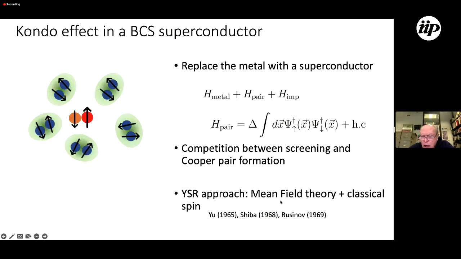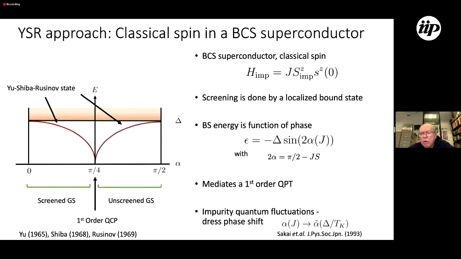And the YSR approach was to use mean field and a classical spin as follows. So what you assume now is that the spin is very large and doesn't fluctuate. So you take the limit where J times S goes to infinity, suppressing spin fluctuation. And also you are using mean field to describe the electrons.